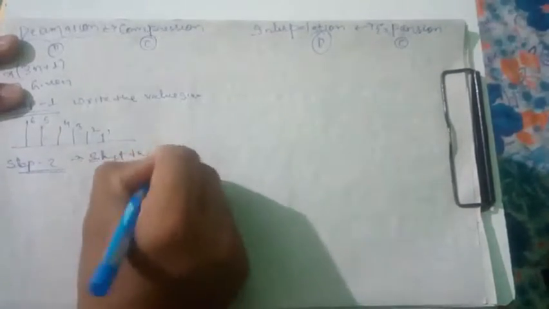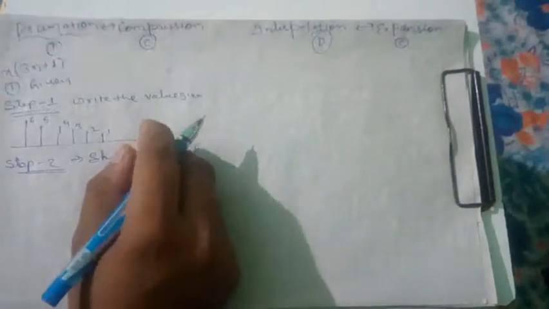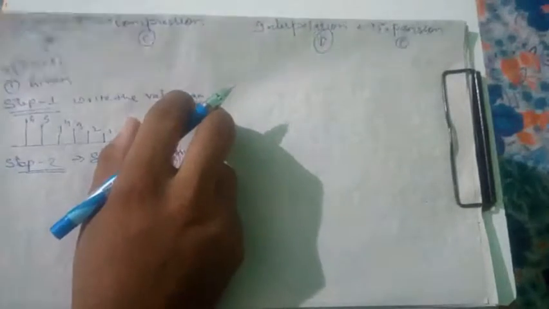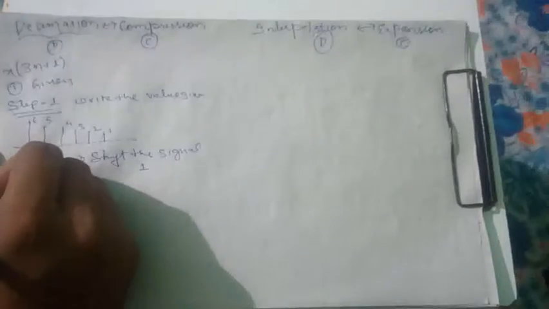Okay, now see step 2. Shift the signal by 1. Like shifting of the signal is from there to there. 6, 5, 4, 3, 2, 1.